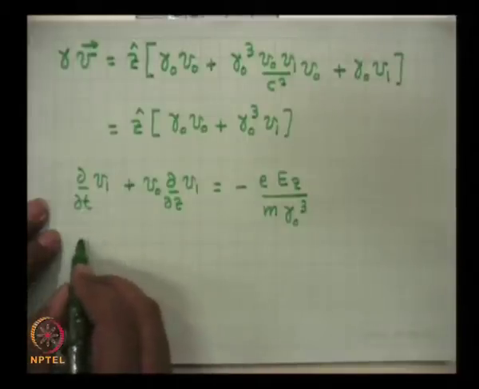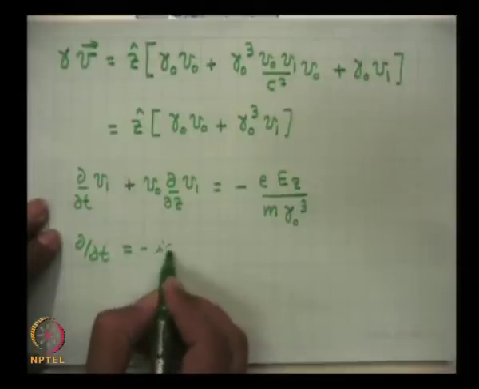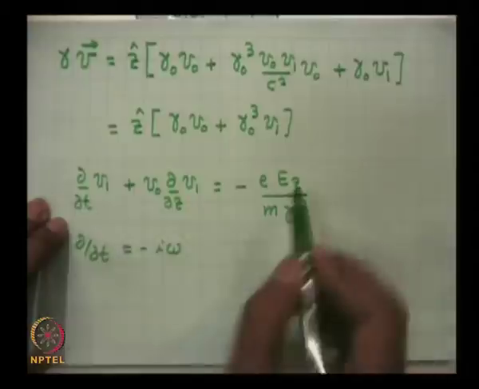Now replace delta delta t by minus I omega, because the response should have the same t and z dependence as the source.